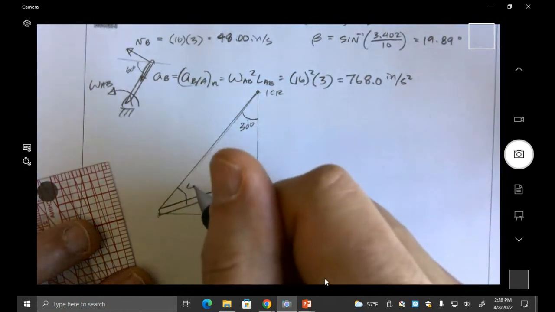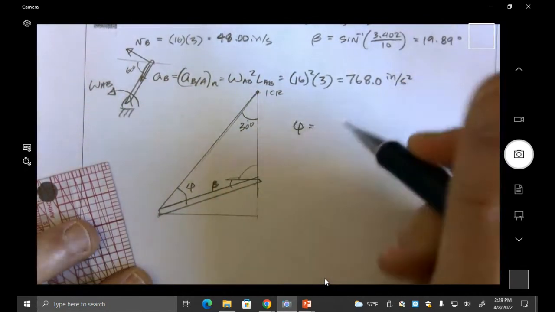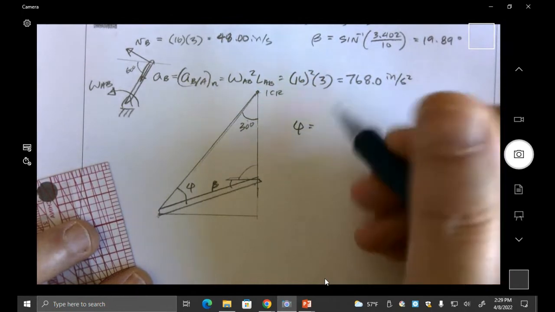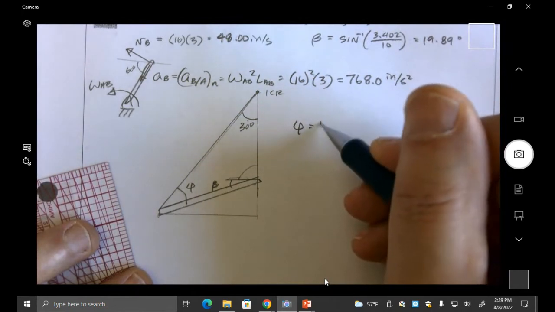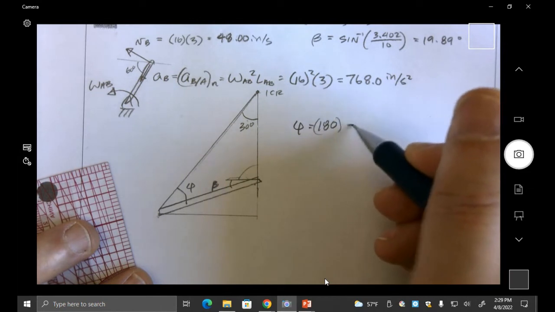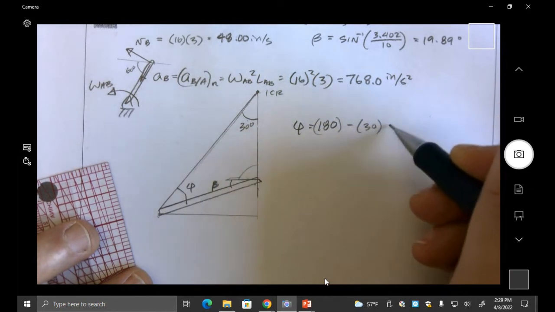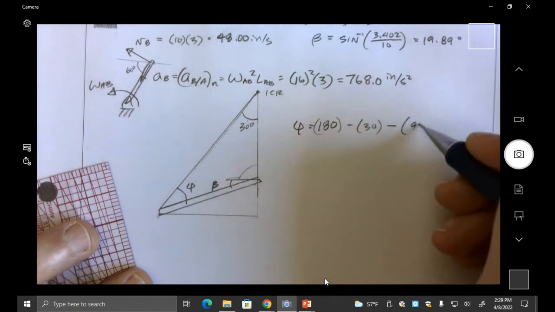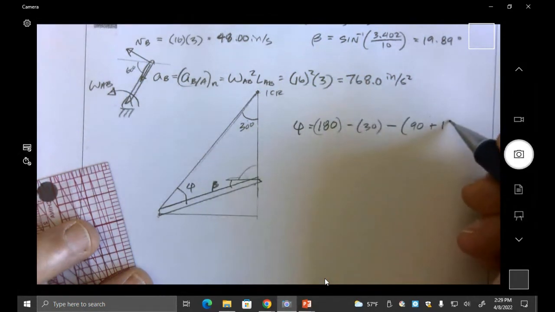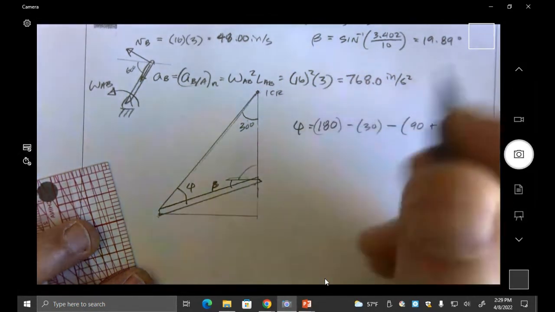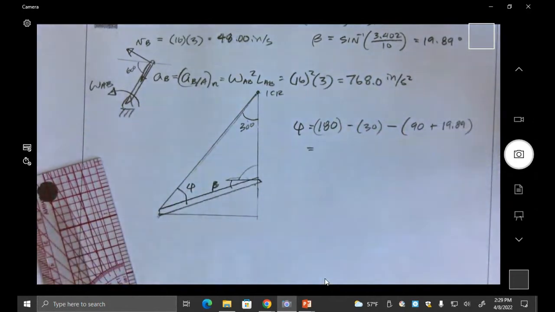So this angle is going to end up being 180 minus 30 minus 90 plus 19.89. Did I do that right? 180, minus 30, minus 90, plus 19.89.